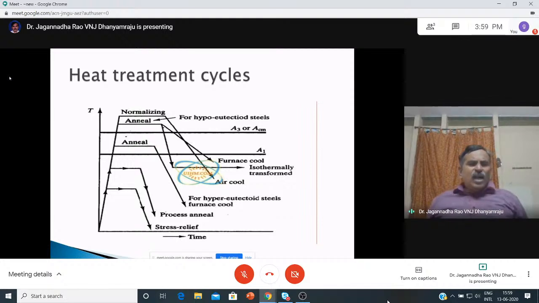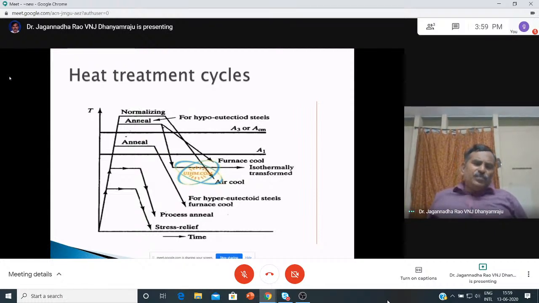Here the annealing temperature is very low, roughly about 400 to 500 degrees centigrade. And then stress relief annealing. Stress relief annealing is given only to relieve internal stresses. There is no improvement of ductility, and no relief of distortion. But however, you are really relieving the stresses. It can be carried out at roughly 300 to 400 degrees centigrade.